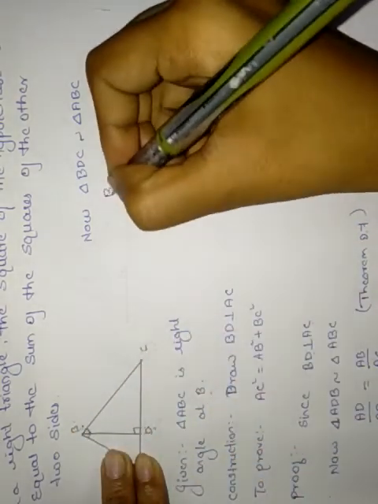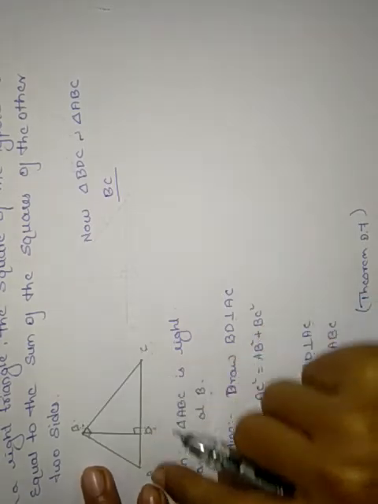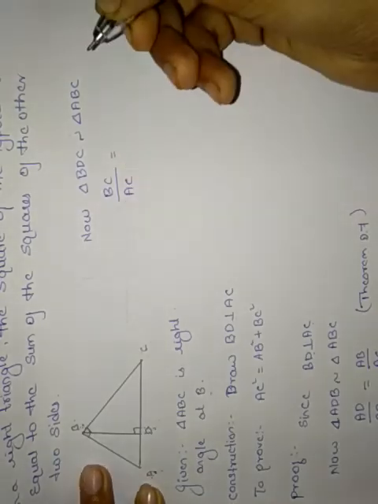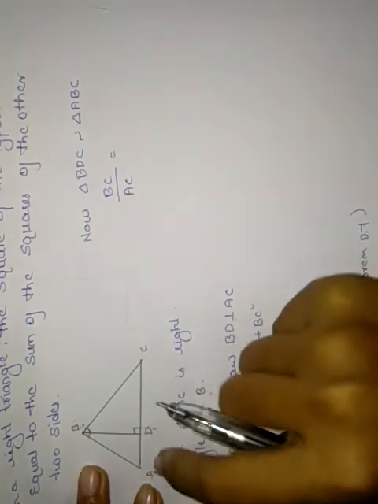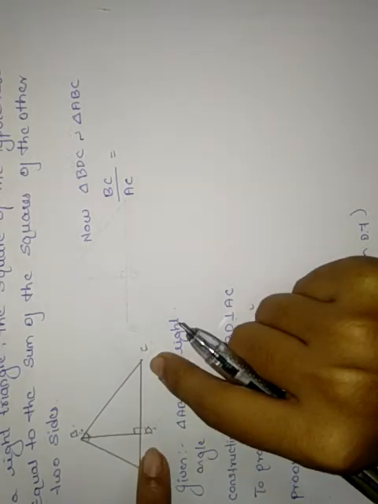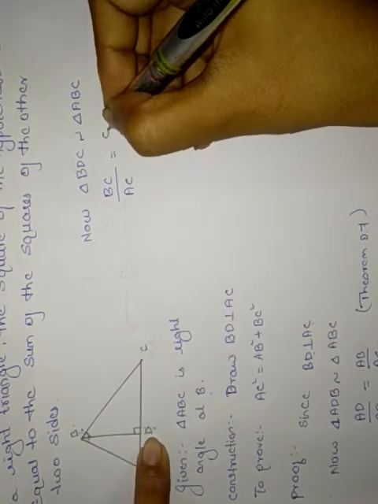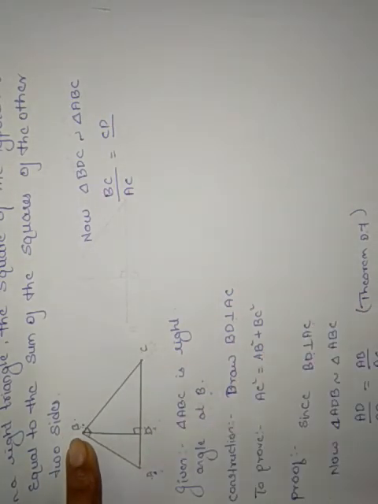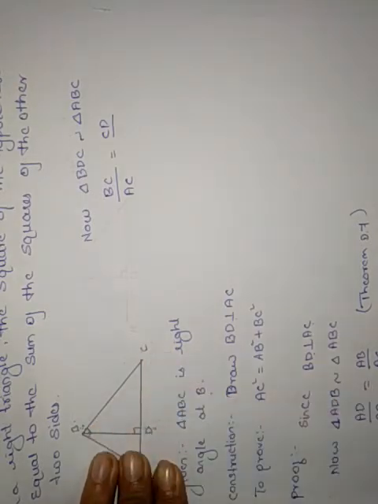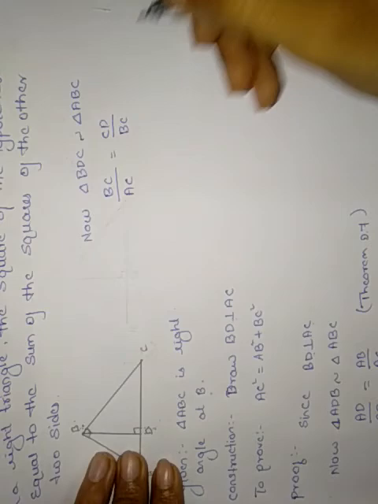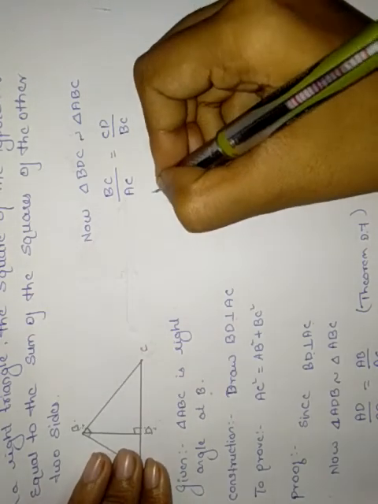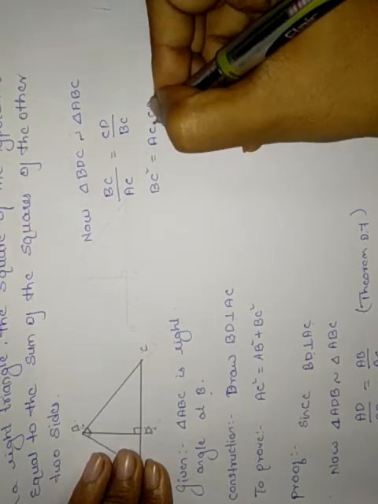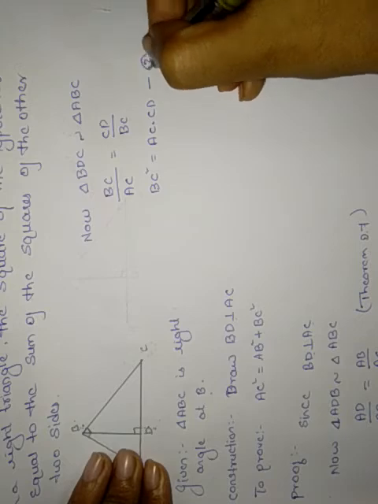The hypotenuse is BC and the hypotenuse of the big triangle ABC is AC, divided by AC is equal to one more side. One more side we will take CD, divided by one more, we'll take BC, right? Again we'll cross multiply. BC square is equal to AC into CD, right? Now we'll call this equation 2.